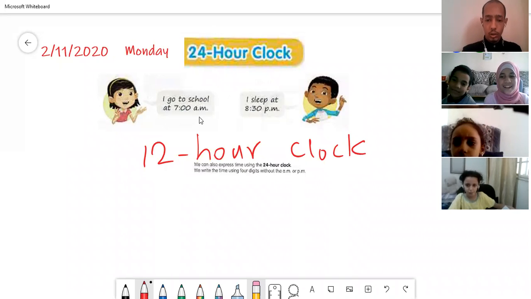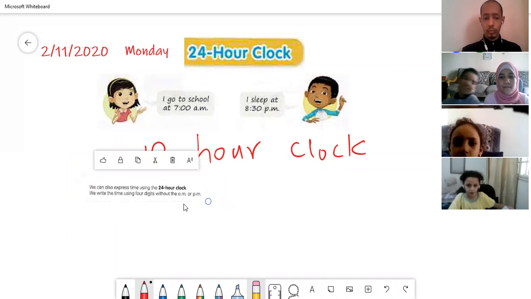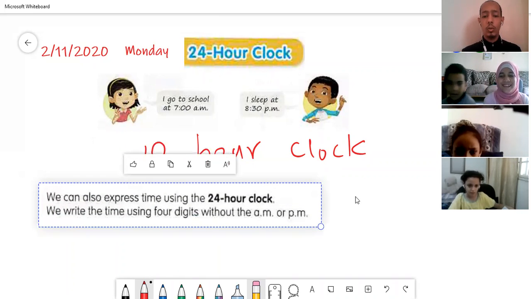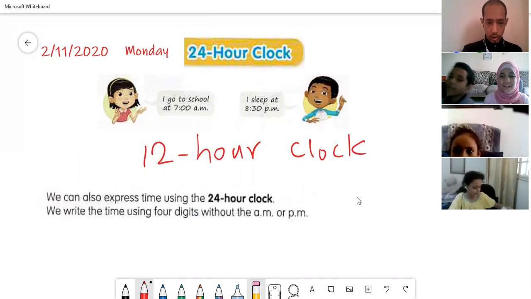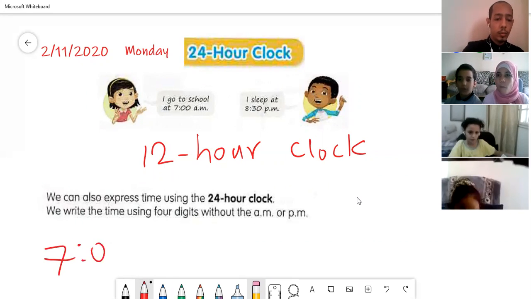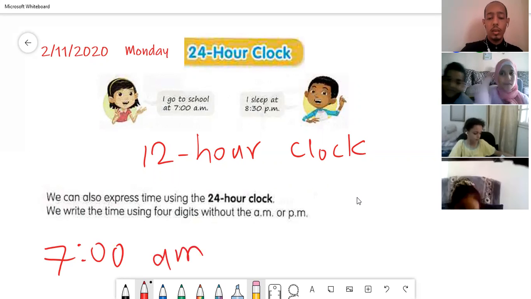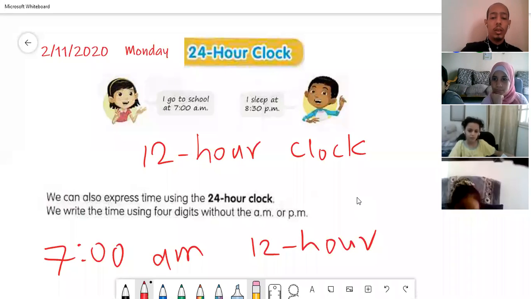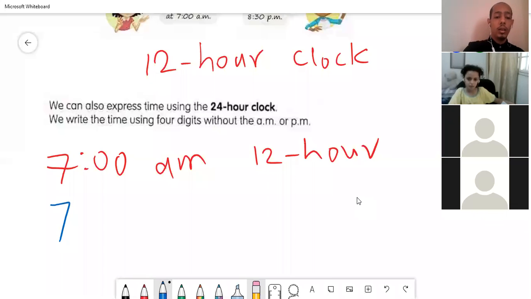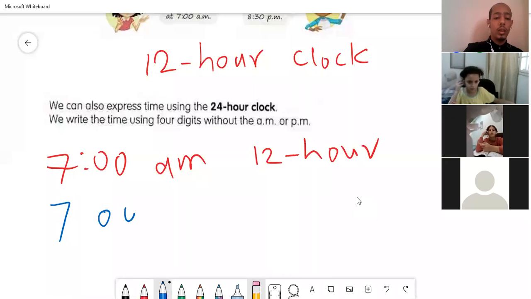But before I show you, we can also express the time using 24 hours. So for example, 7 a.m. This is in the 12-hour system, right? But what about if we want to express this time in the 24-hour clock?